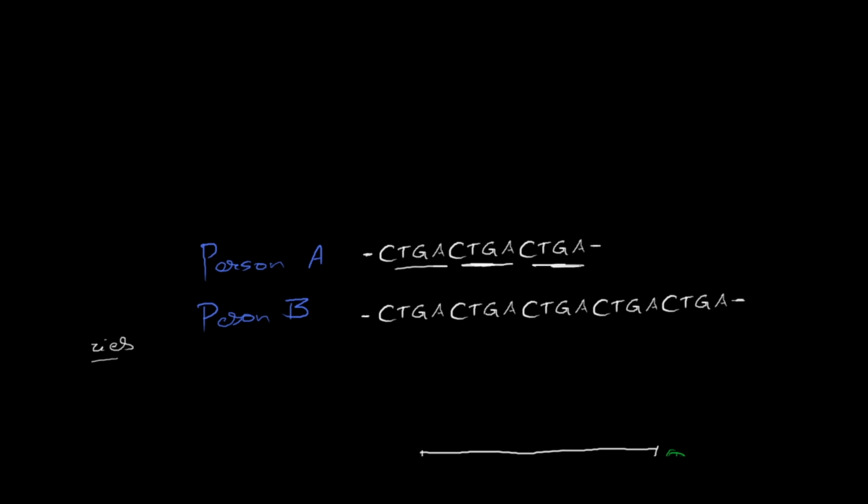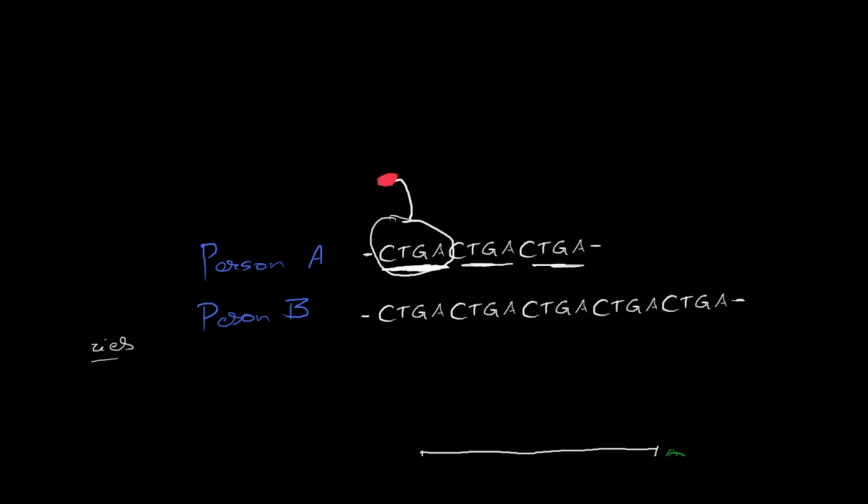Now that's important, because what Southern blot allows us to do is target a specific sequence and bind something to it that will let us view it under the appropriate lighting conditions and so on.